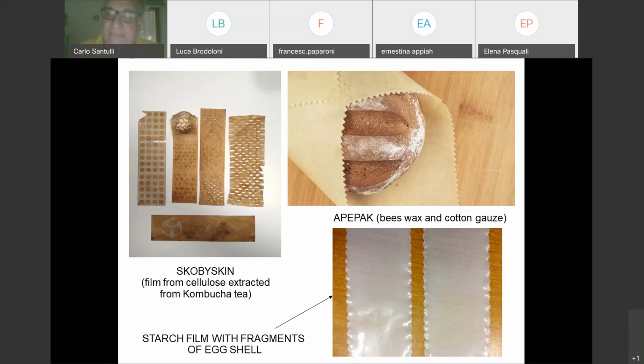Then it can be made into structural films and so on. And it can incorporate eggshells. Why eggshells? Eggshell is calcium carbonate, but it might be a waste.